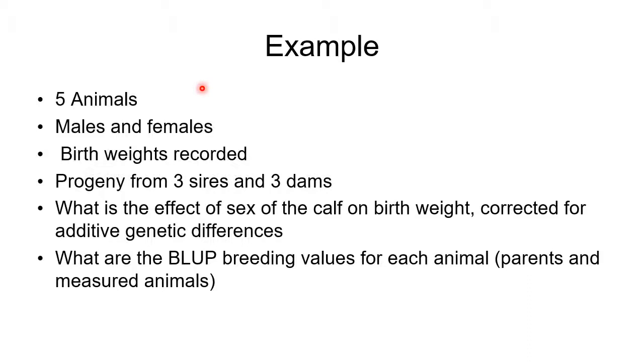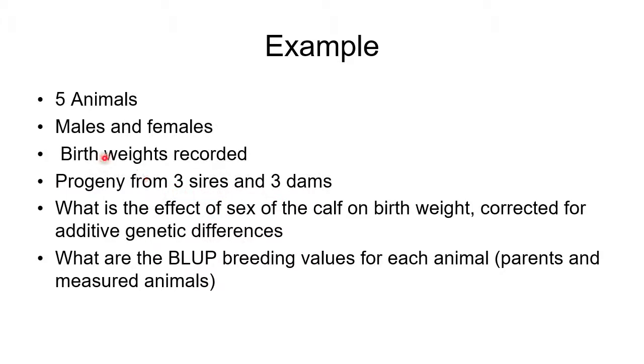If we go to the very first example, I think it will be much clearer to you how these matrices are constructed. Let's just use a very, very simple example where we only have 5 animals. They are males and females in this case, and we have birth weights recorded for them, and we would like to predict the genetic merit or the breeding value for birth weight for these animals, but not only for these animals, but also for their sires and dams.